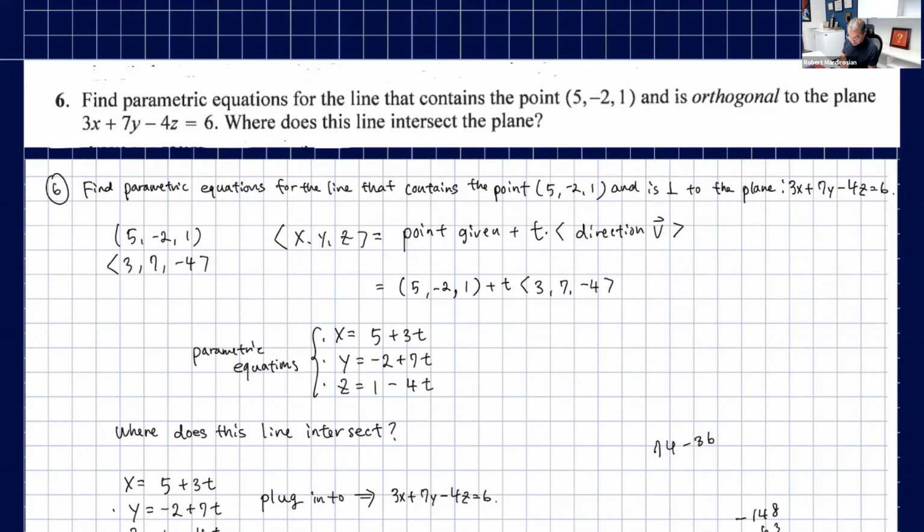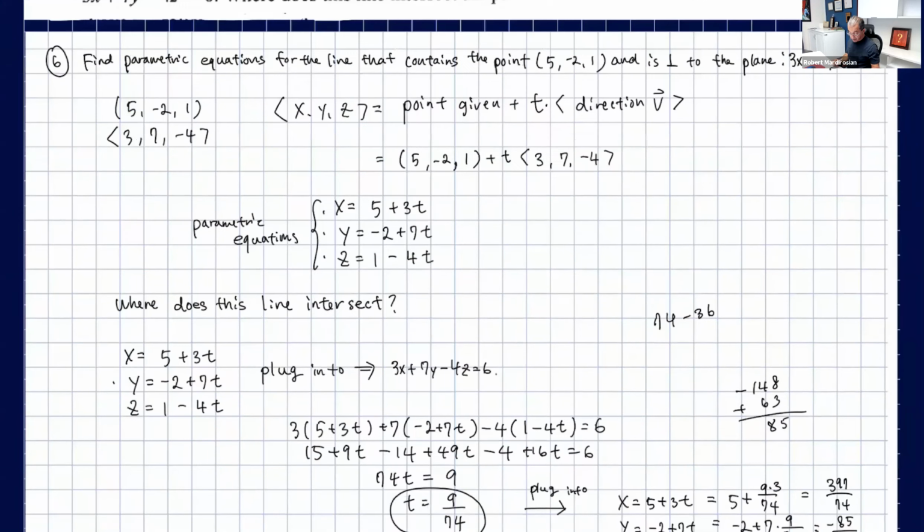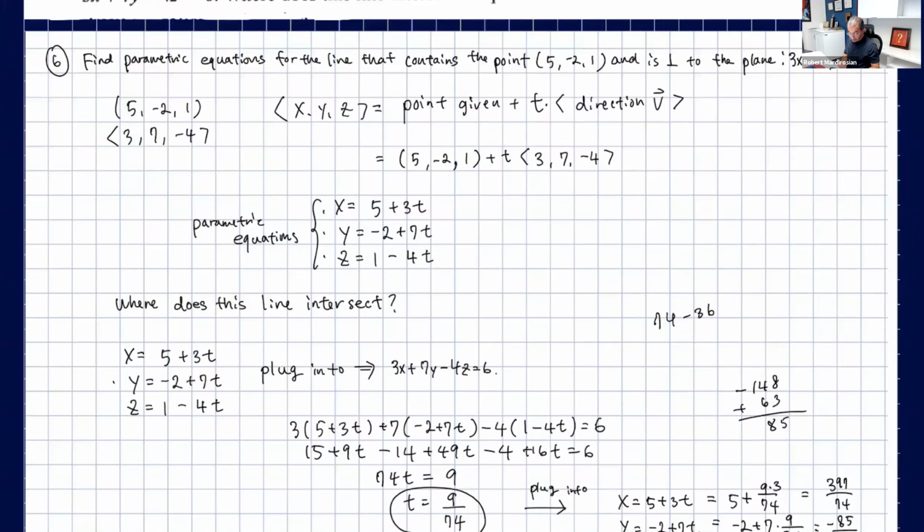Now, since n is orthogonal to the plane, this line is going to be parallel to n, and it will be orthogonal to the plane also. Now let's see where this line intersects. You have x, y, and z.